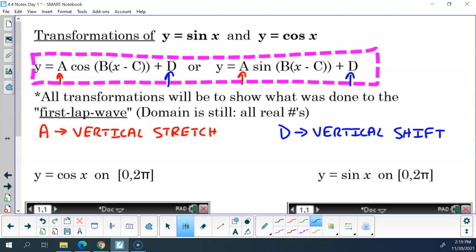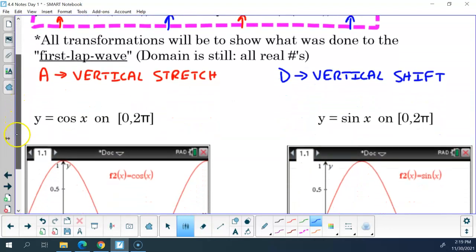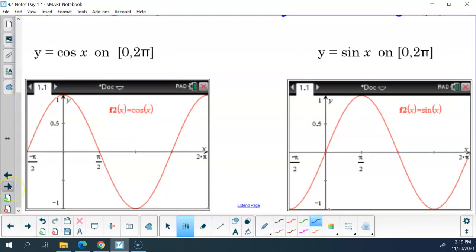Now, in the next coming weeks, we are only going to ask you to draw for us the first wave of the graph, or the first lap of it.